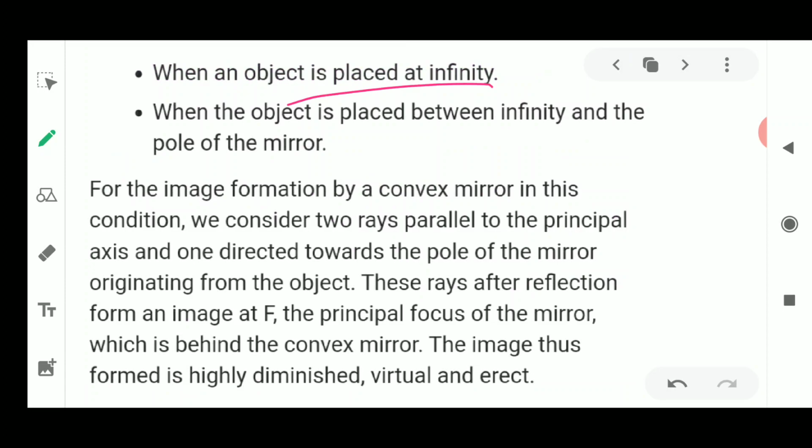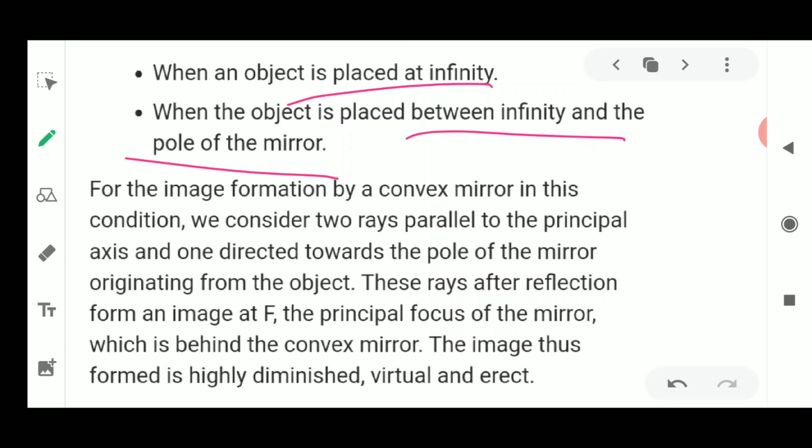The object will be either at infinity, or anywhere between infinity and the pole, because we form the same type of image in both cases. So two places we will consider while making the image in the convex mirror.